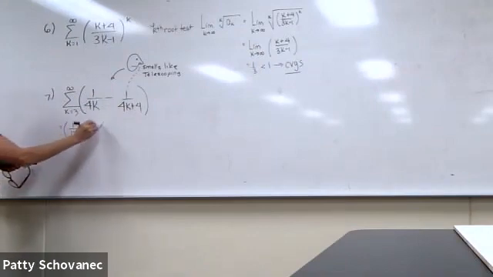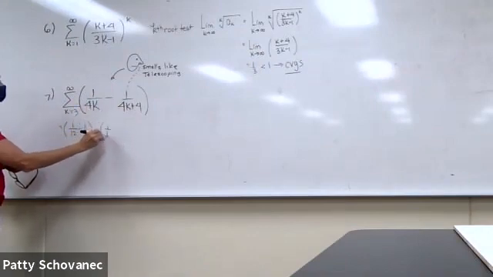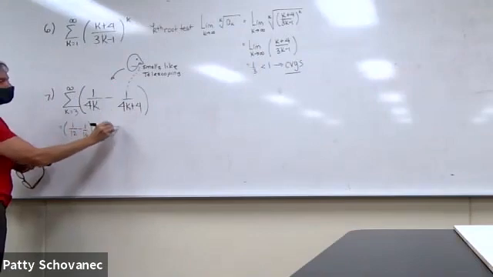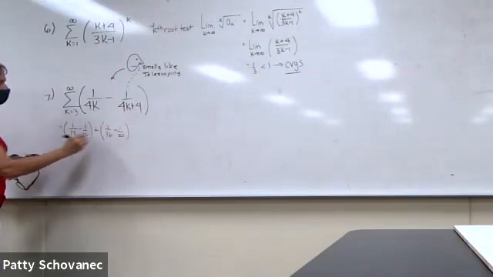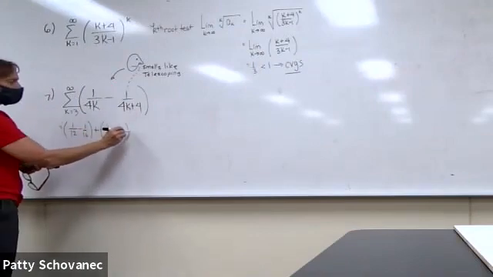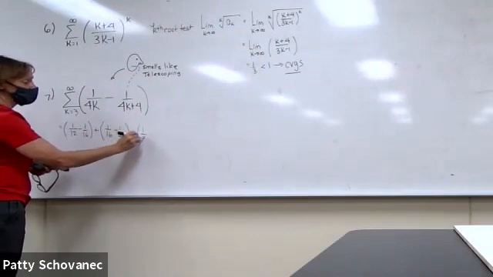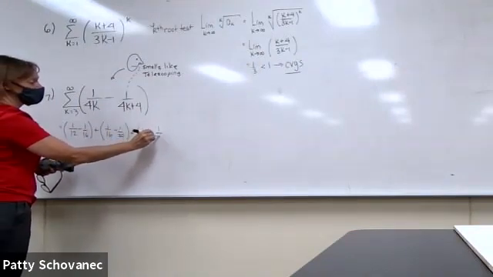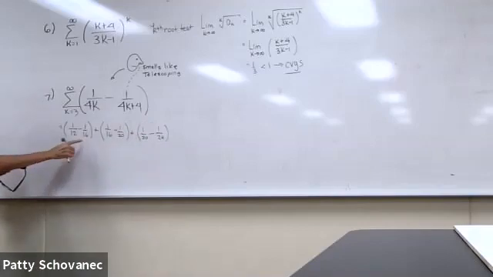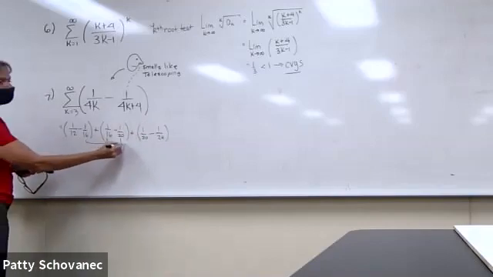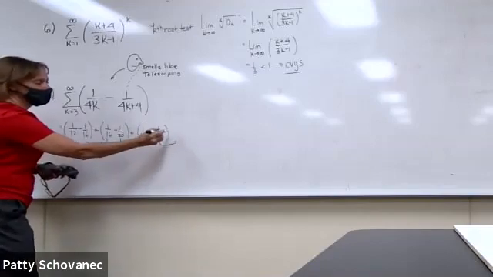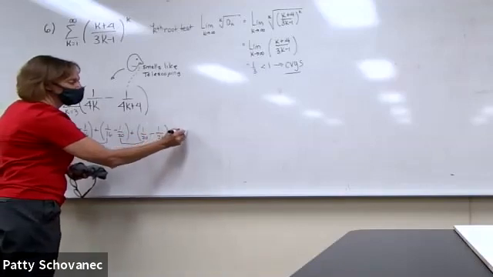Now k is 4, and I get 1/16 minus 1/20. Now k is 5, and I get 1/20 minus 1/24. So it is telescoping. All these guys will add each other out until I get to the nth term.